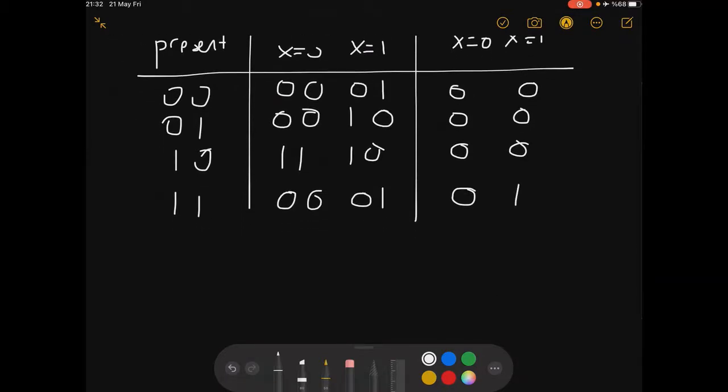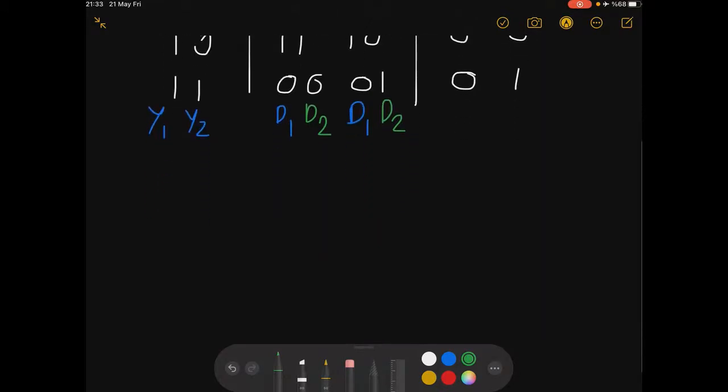Now it's obvious that, let's do the design with D flip-flops, because so far we have seen only D flip-flops. So these will be your present states, Y1 and Y2, and these will be your D1. This is one of your flip-flops, and this would be the other flip-flop, and your output will be another color.